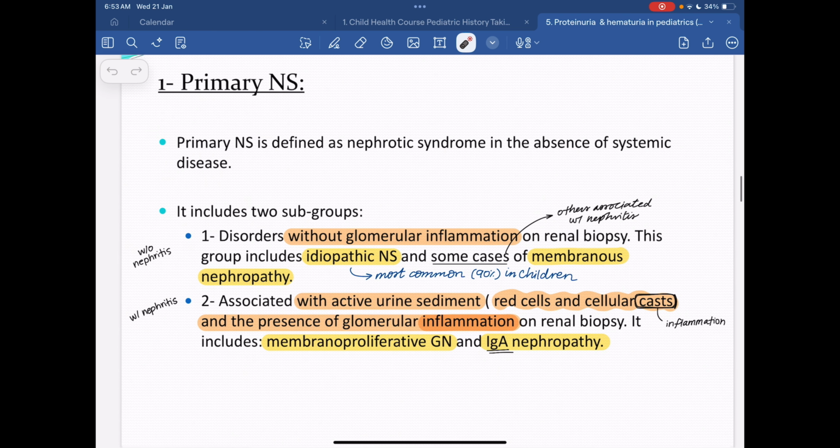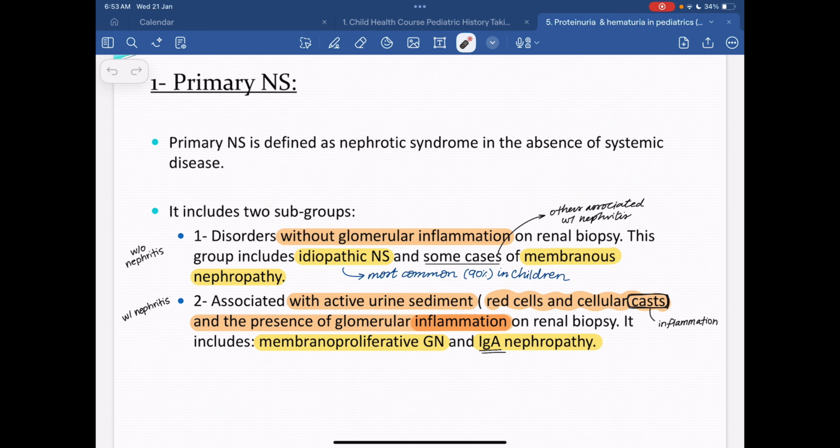Okay, primary nephrotic syndrome, absence of systemic disease, includes two subgroups. Well, a subgroup without nephritis, so disorders without glomerular inflammation on renal biopsy.